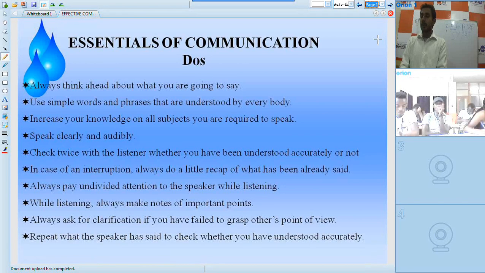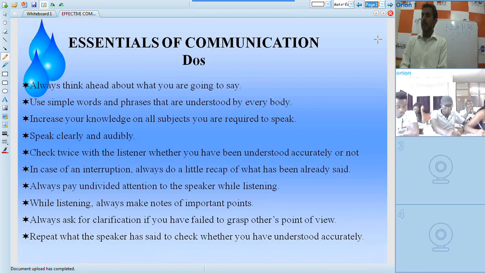So these are the few points which are essential while communicating. These points you must maintain while communicating with others, within the organization, with the employees, with colleagues and co-workers. Always think ahead about what you are going to say.